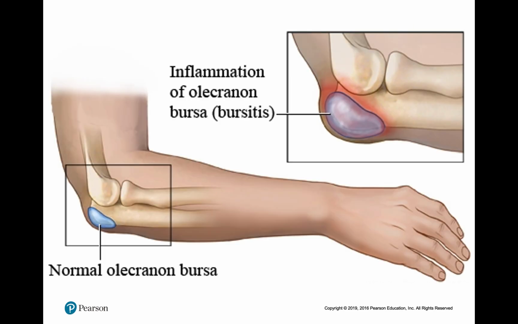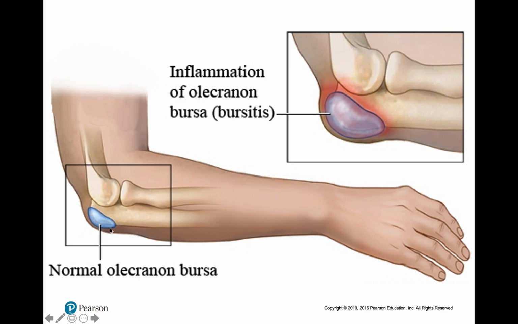Okay. And this, I just stole this picture from the internet to show you again. So we have bursa, a fluid-filled sac. You find bursa between bony projections and soft tissues like the skin. So here, this would be the olecranon area. That's why it's called the olecranon bursa.